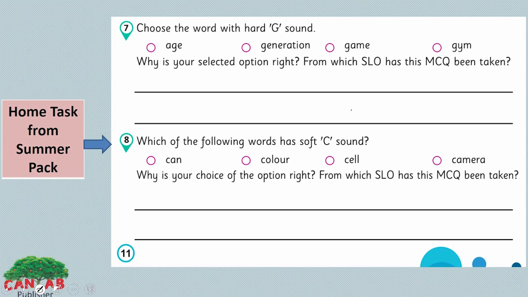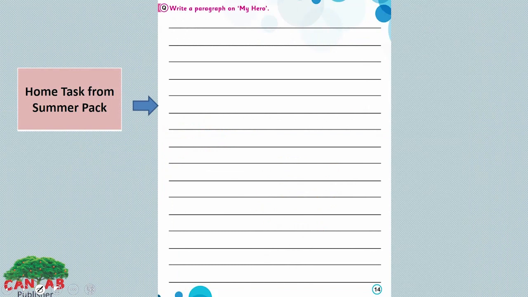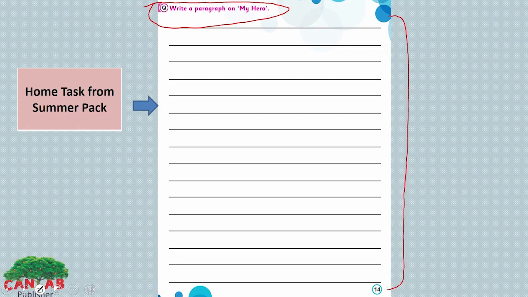This is your home task from the summer pack, page number 11. This is also your home task of soft C and hard G sounds. And you have to write a paragraph on my hero. You have to write about a person you admire or like in your life. Write a paragraph on the given topic.